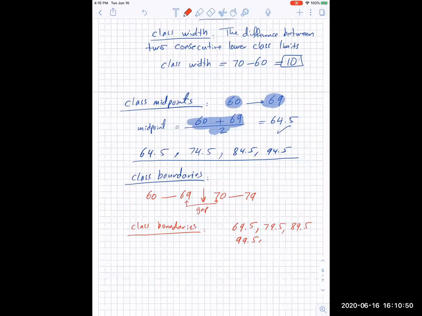They are outside, but they are separating the classes. Okay, so these are called class boundaries. Any questions? So class boundaries are the numbers used to separate the classes.